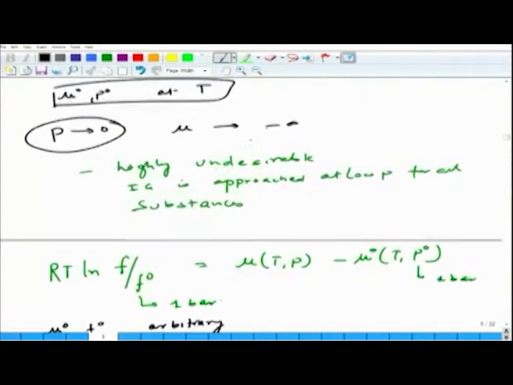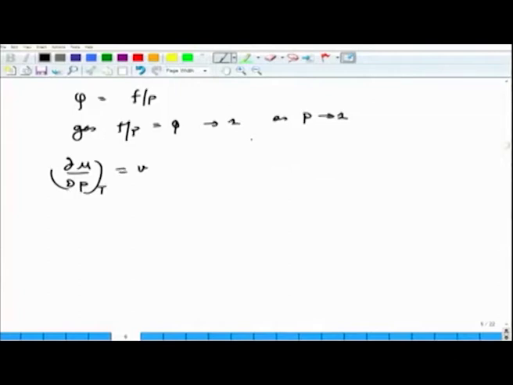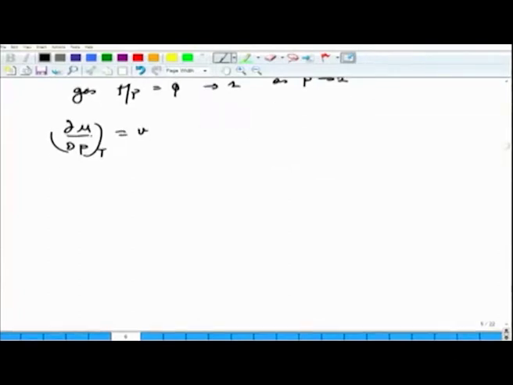So, we again go back to this expression del mu by del P at constant T, and this mu we know now with respect to fugacity. So, we have this relation mu minus mu 0 is equal to RT ln f for a constant temperature.